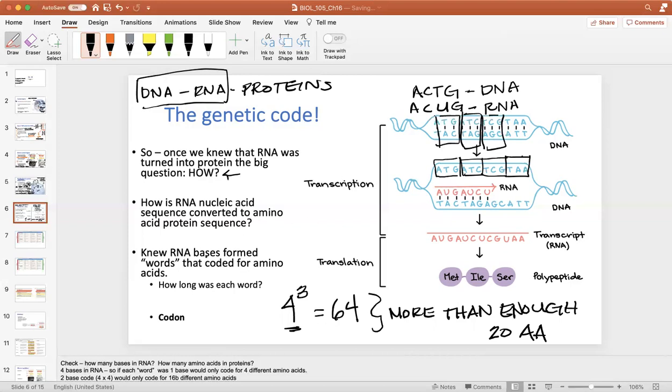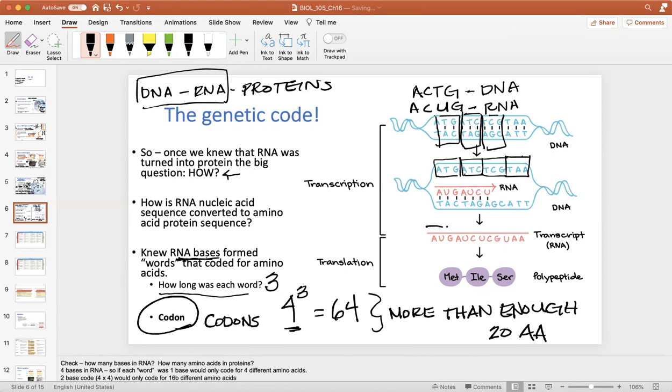So we now know that the RNA bases, or the DNA bases, because DNA codes for RNA, form words that code for amino acids. How long is each word? It is 3 bases long, and we call these 3 bases that form a word corresponding to an amino acid codons.